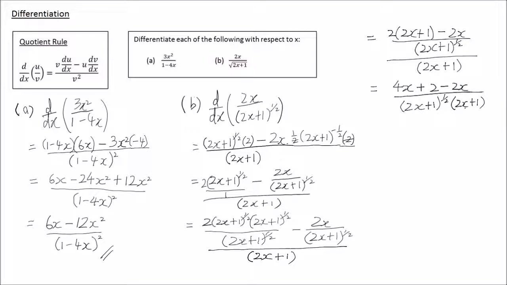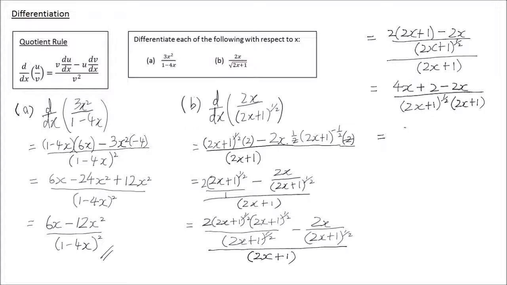So when you multiply these two brackets together, you have to add the powers. The power here is 1 and this is half. That will give us 1.5 or 3 over 2. Meanwhile, the numerator simplified will give us 2x, because we have 4x minus 2x.